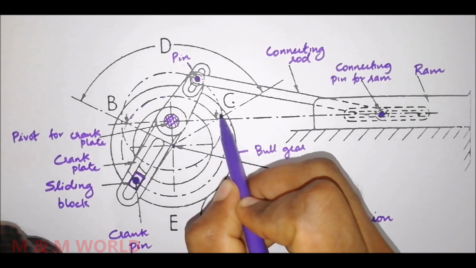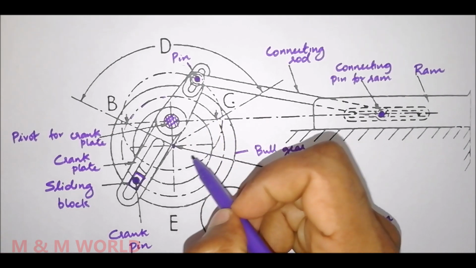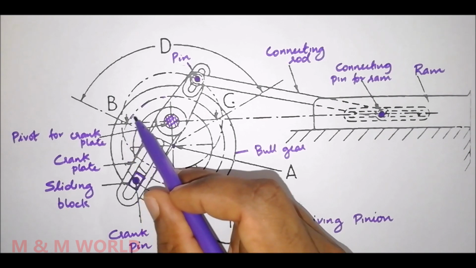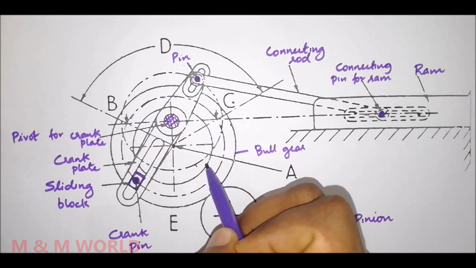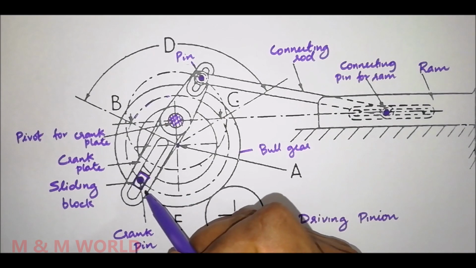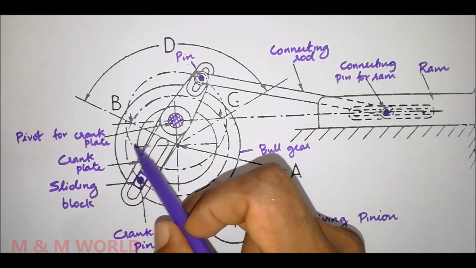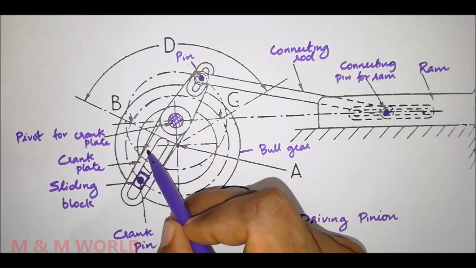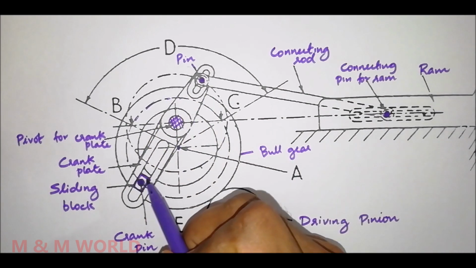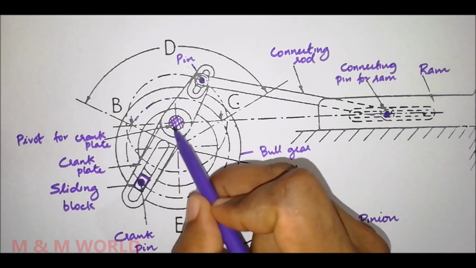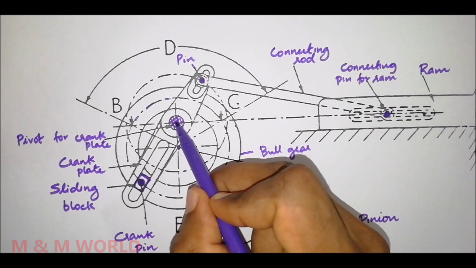So when this bull gear is rotating, what will happen? The crank pin along with the sliding block rotates along the crank pin circle. The rotation of this sliding block through this crank pin circle causes the crank plate to rotate. So the crank plate also rotates along this pivot.